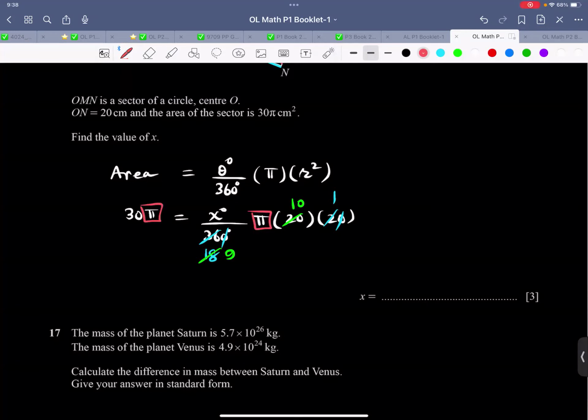So now I'm left with this x. So x is basically 30 into 9 divided by 10. That is 3 into 9. X comes out to be 27 degrees. So that is the answer for this particular part.